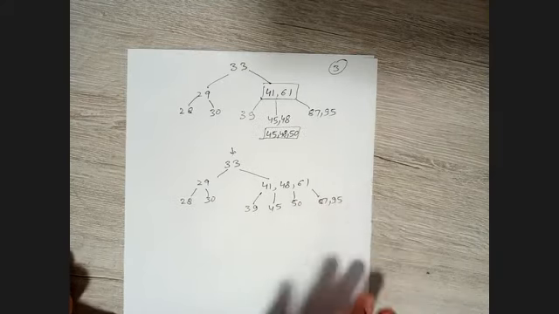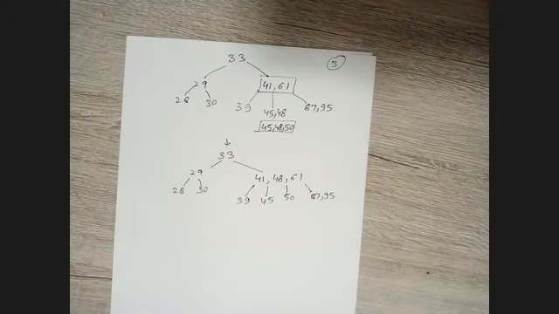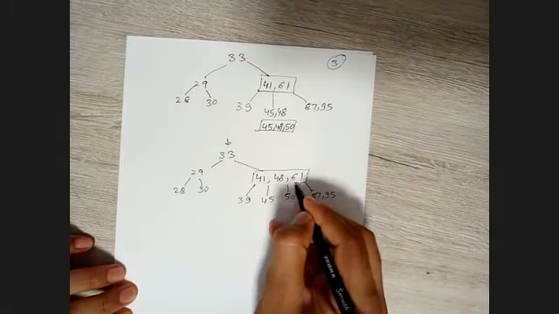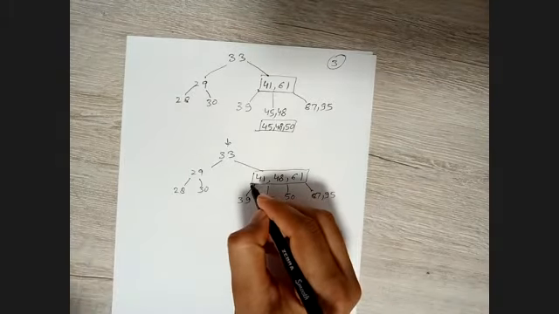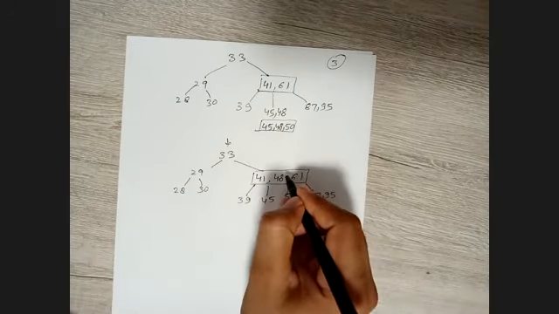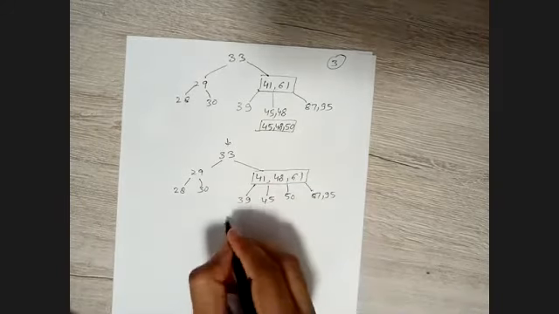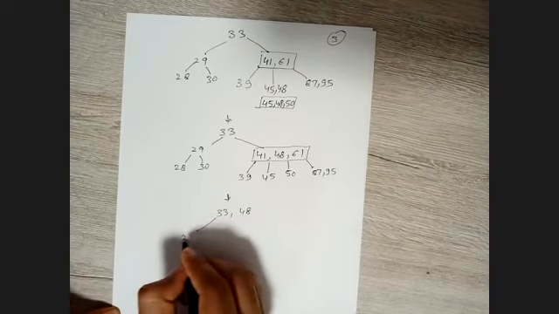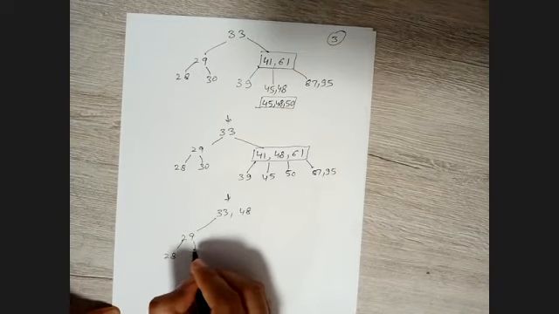But recursively, we need to check every node, and it should not be an overflow condition. In this node there is an overflow condition. We have 3 keys over here, but it should be 2. So we split this node, and 48 will go above. Our structure will look like 33 and 48. Make sure you write these values as they are.